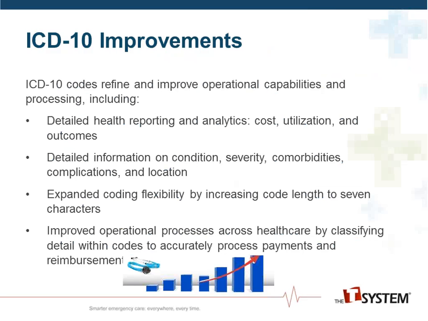So all of these taken into account with the detailed information on conditions, severities, complications, locations, and the need to expand the increasing code length to the 7-digit characters. All of these things will improve the operational process across healthcare by classifying this detail within the code to accurately process the payments and the reimbursement.